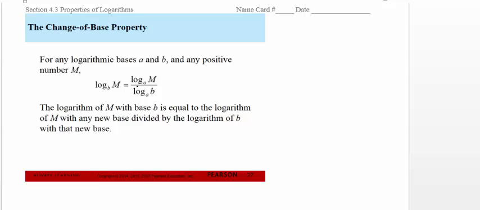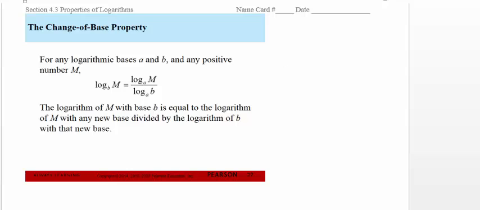So in other words, this allows me to eliminate using a base of b if that's not convenient for me. And typically this is the issue: your calculator that will be allowed on exams will only have base e or base 10, natural or common logarithms.